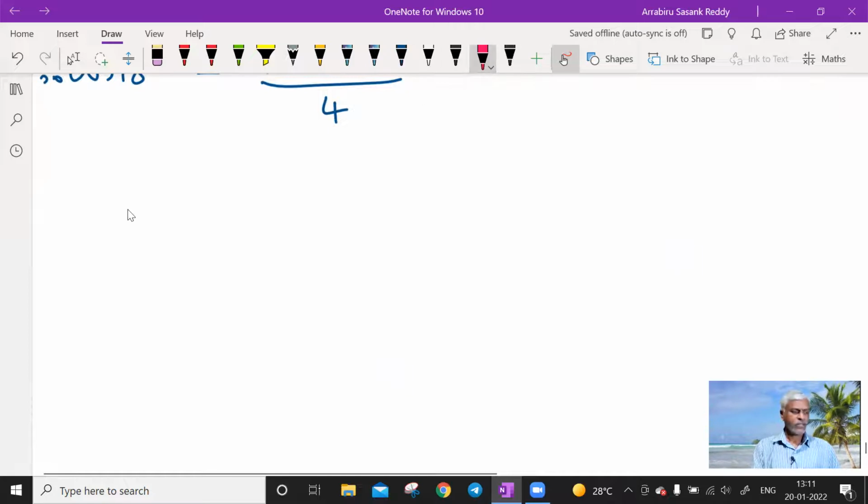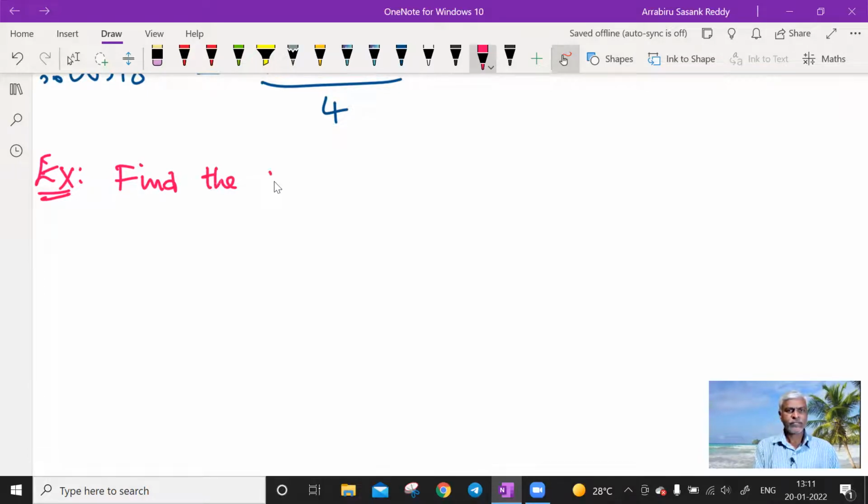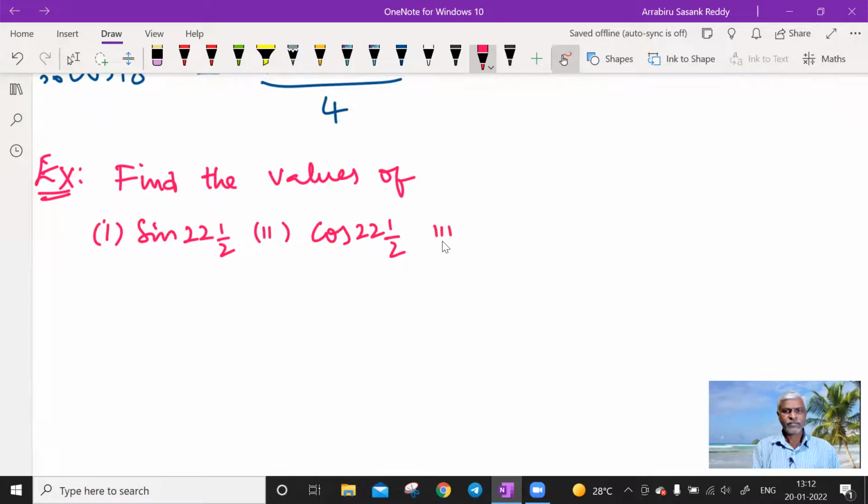Now let us find the values of sin 22½, cos 22½, tan 22½ and cot 22½ degrees.